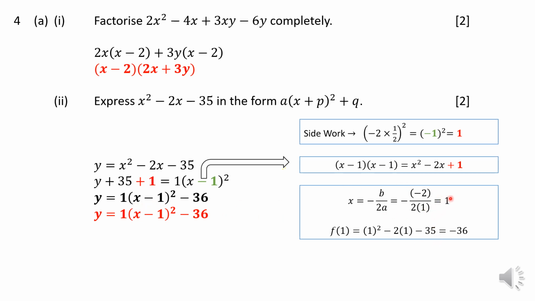And if you take that one and you put it into the original function, you're going to get your minus 36, which is there. So you can use this as well. This formula is particularly useful, and I hope that you also spend some time on it. I can also explain it in later videos.